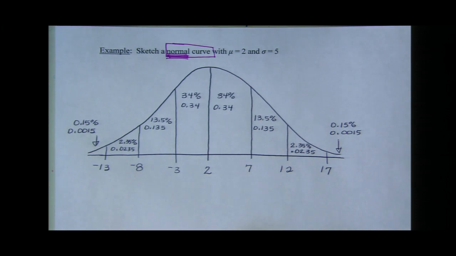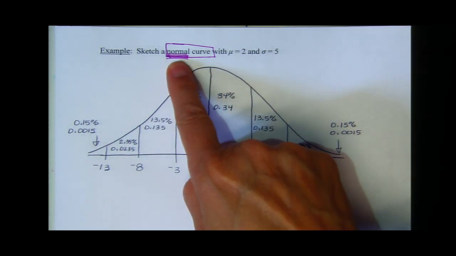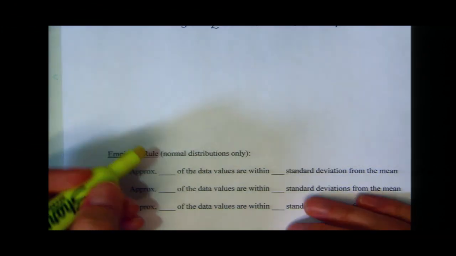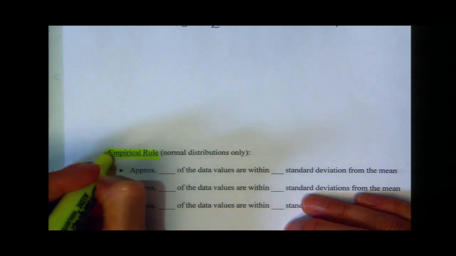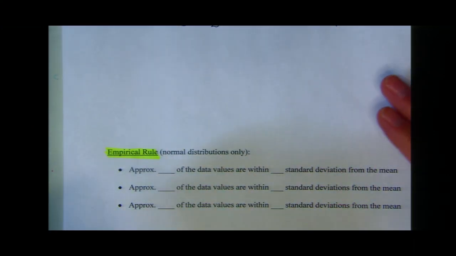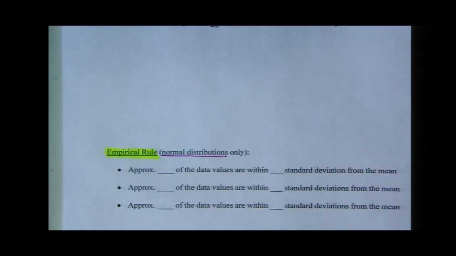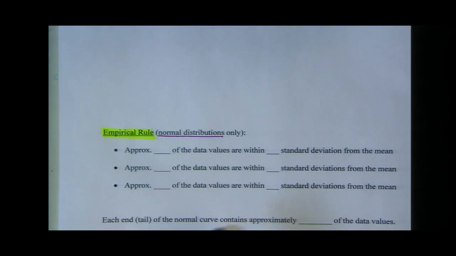These percentages do not change as long as you know it's a normal or symmetrical curve. Now, we have what is called the empirical rule. And again, this is only true for a normal distribution. This does not hold true for uniform, skewed, or bimodal.